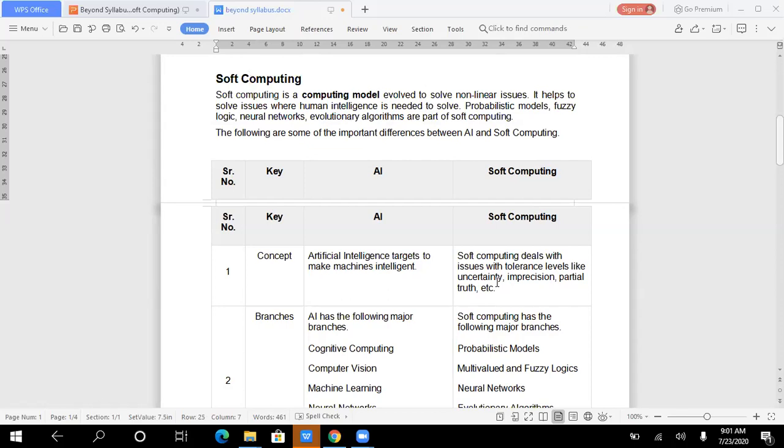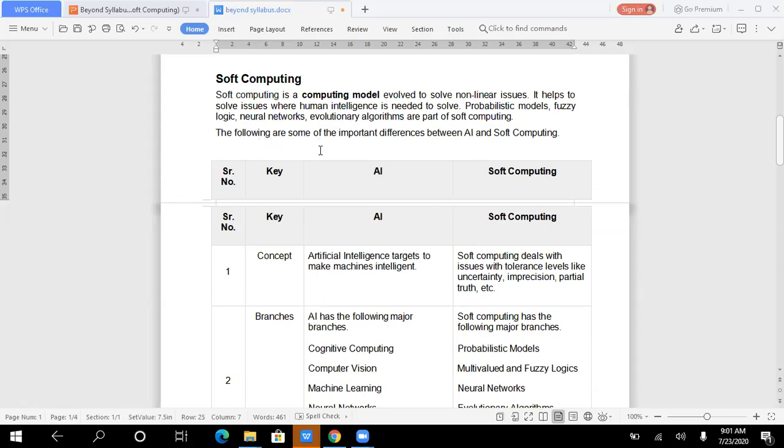Somewhere there is uncertainty, a certain probability, a certain confusion. Wherever the input and output are not exact and accurate, we use this computation model that is called soft computing.